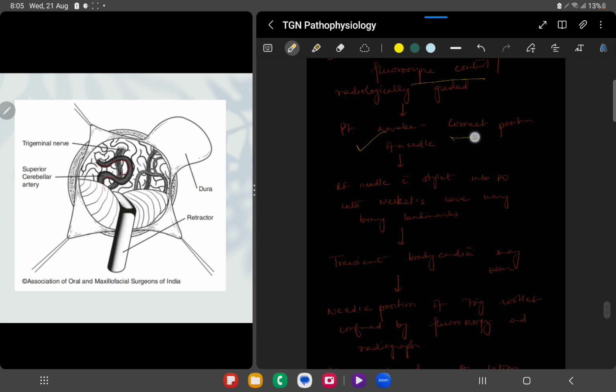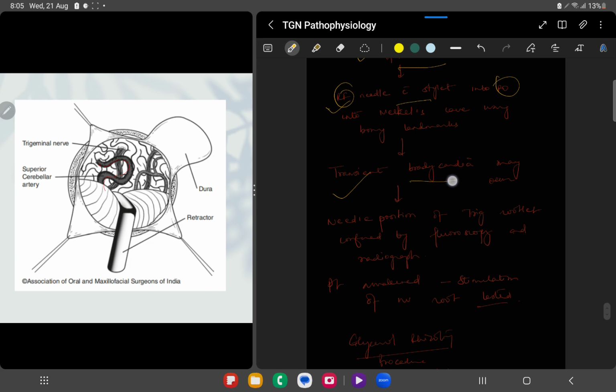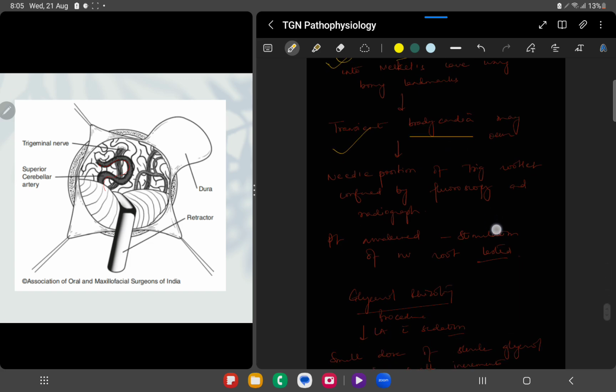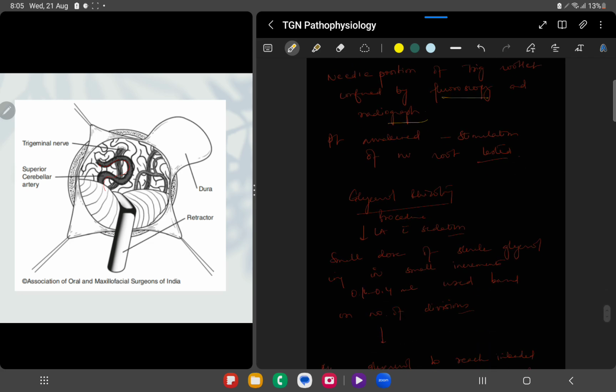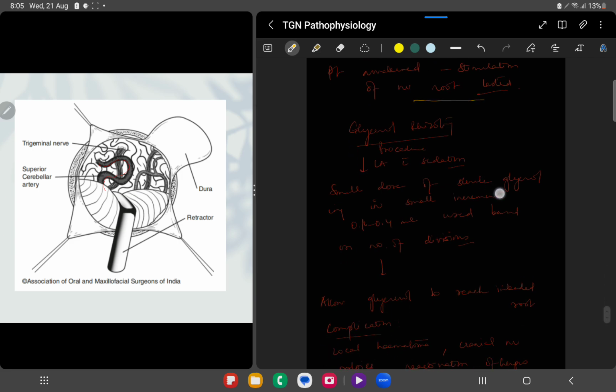The radiofrequency needle with stylet is inserted through the foramen ovale into Meckel's cave using bony landmarks, and there may be transient bradycardia. The needle position is confirmed by fluoroscopy and radiograph. Then the patient is awakened and stimulation of the nerve root is tested.